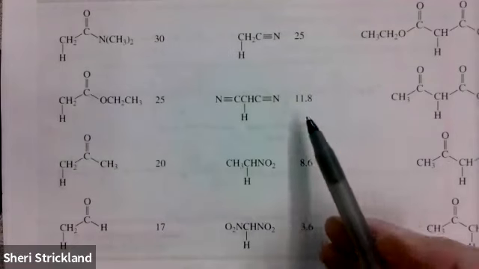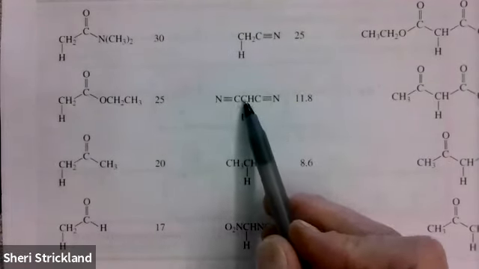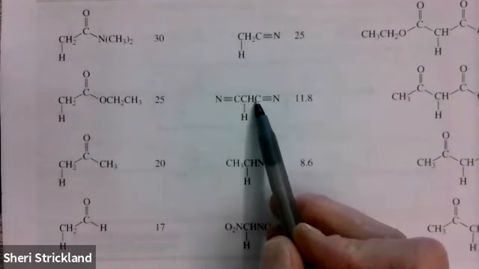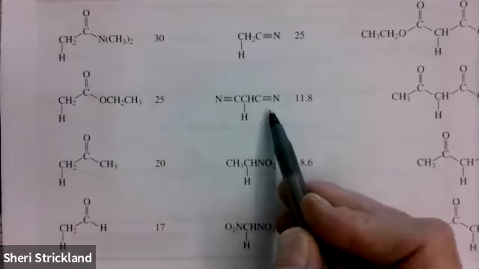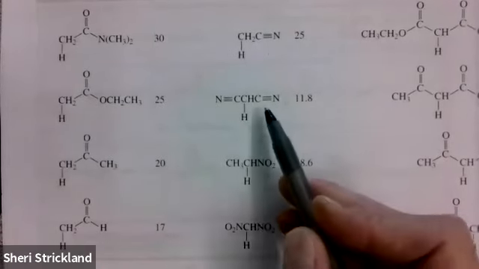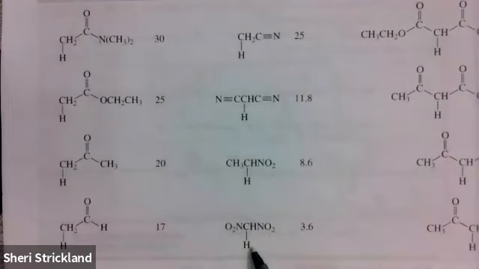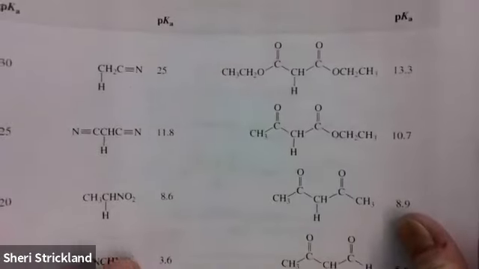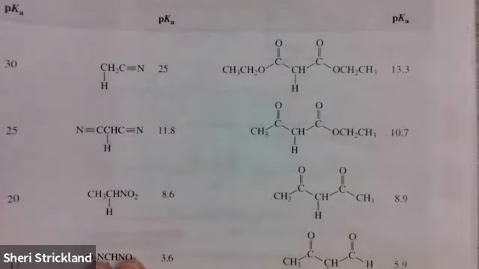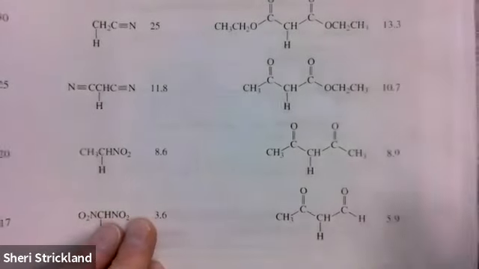The other thing that's in this table are the compounds that have one of these CH2s that's sandwiched in between two of these carboxyl groups, carboxylic acid derivatives, ketones, aldehydes, anything involving a carbon oxygen double bond. And so we've got two nitriles, we've got two nitro groups here. If you go over to the far right-hand column, you see there's one with two esters, one with an ester and a ketone, one with two ketones, and then this bottom one here, which is a ketone and an aldehyde.